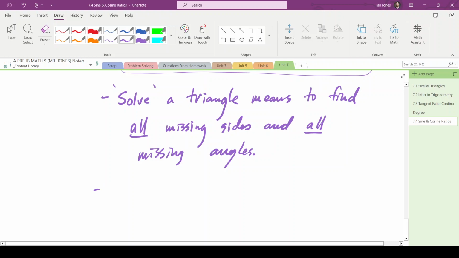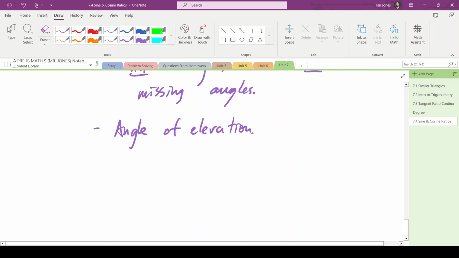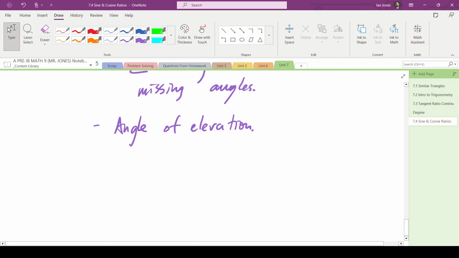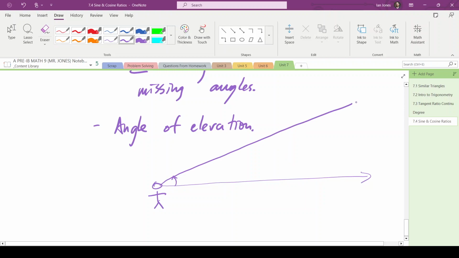Couple more things. An angle of elevation means you are looking straight to the horizon and then you look up to something. Maybe it's an airplane, maybe it's a hot air balloon, maybe it's the top of a mountain, maybe it's a street lamp, top of a tree.